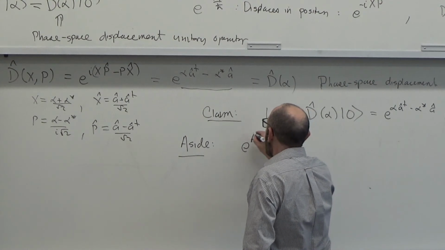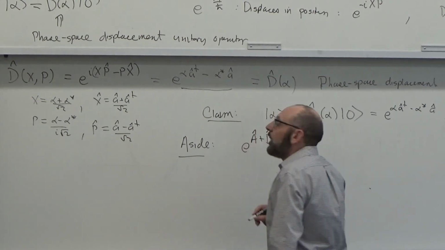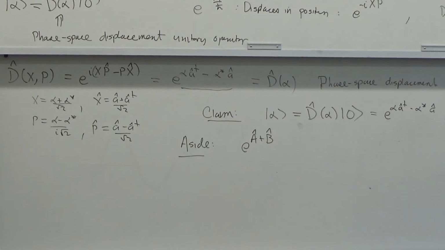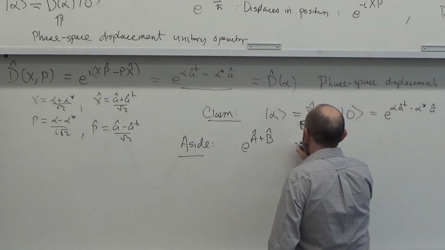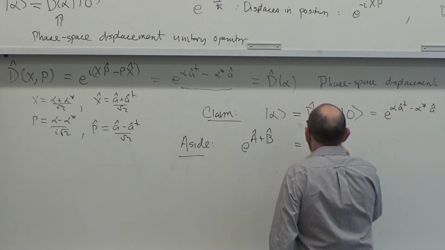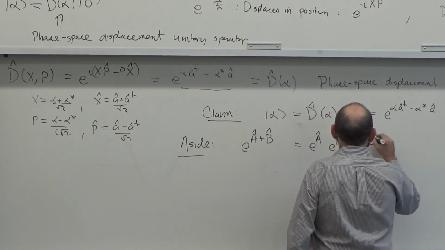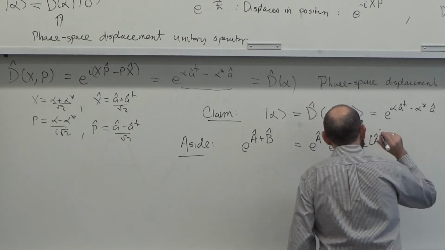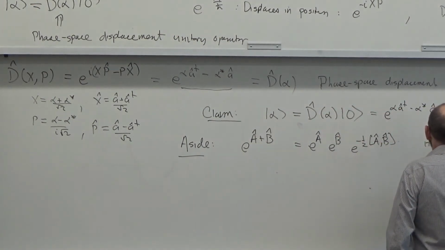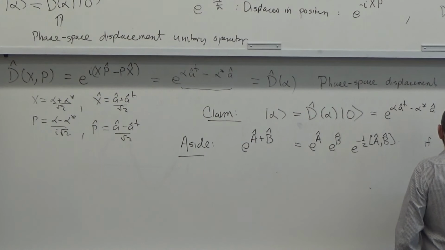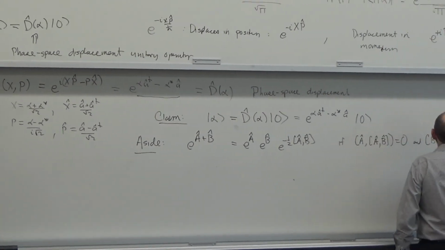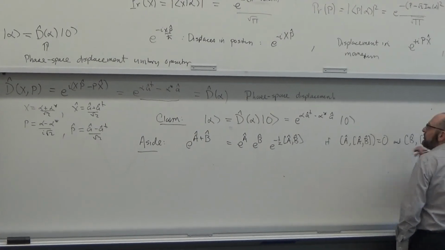Recall that if I have the exponential of a sum of operators, I can write that as this, with a term that relates to the commutator, and just truncate it if the commutator itself is something that commutes with A and B. If this is true, then I don't have to have multiple commutators.